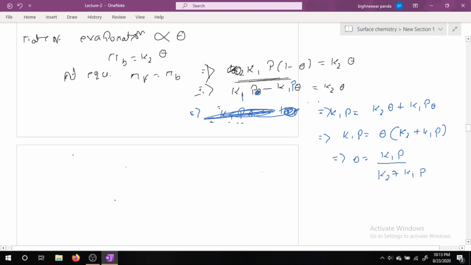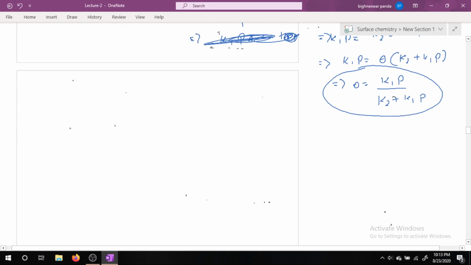So this is the value of theta, and theta is the fraction of area covered, and x by m is directly proportional to theta.